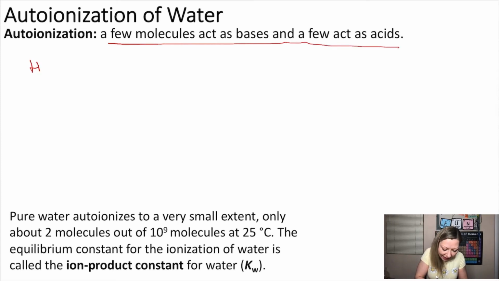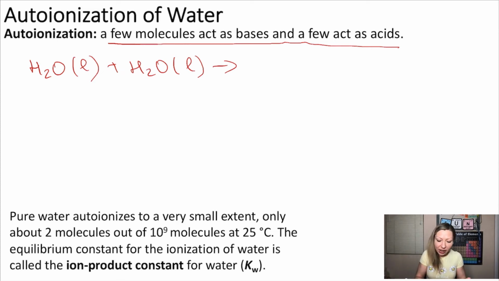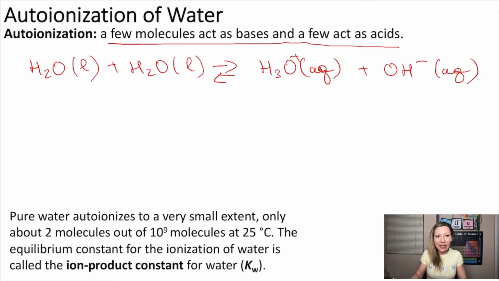Let's say that I have two water molecules in a reaction and they react with each other. What happens here is that we are going to form H3O+ aqueous plus OH- aqueous ions.